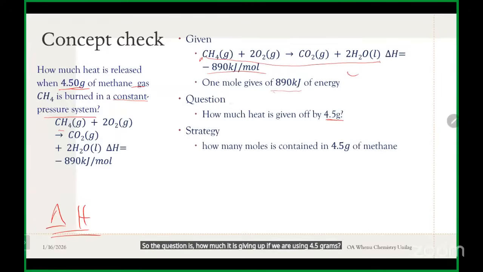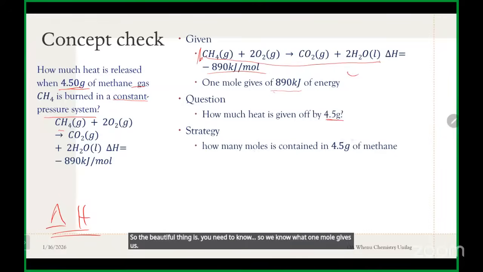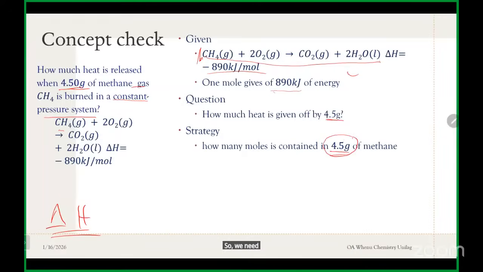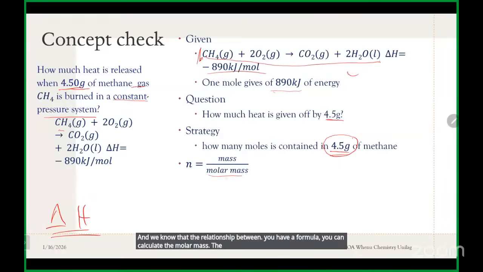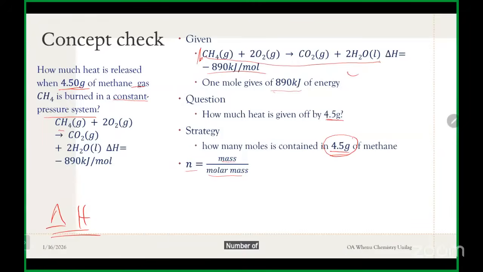The beautiful thing is we know what 1 mole gives us, so we need to know how many moles are in 4.5 grams. You have a formula, you can calculate the molar mass. The relationship between the number of moles and molar mass is: number of moles equals mass over molar mass.